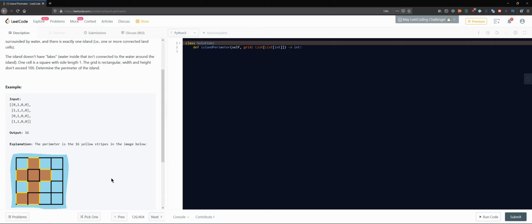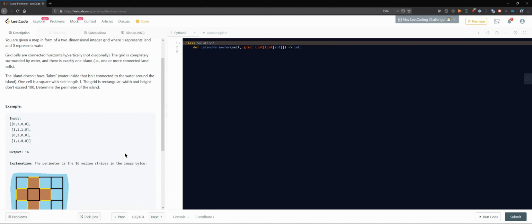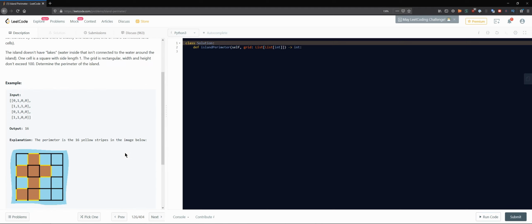We know that each piece of land is connected to at least one more piece of land, right? Which means that for each of those, we get a maximum of 3 added to the output. For example, if we had this guy, this guy, this guy, and this guy, and everything else was water, actually that's not even it.